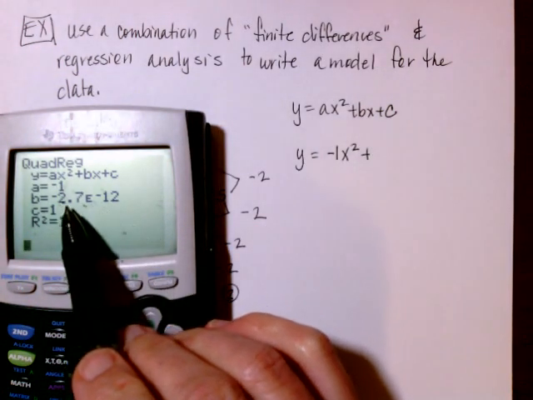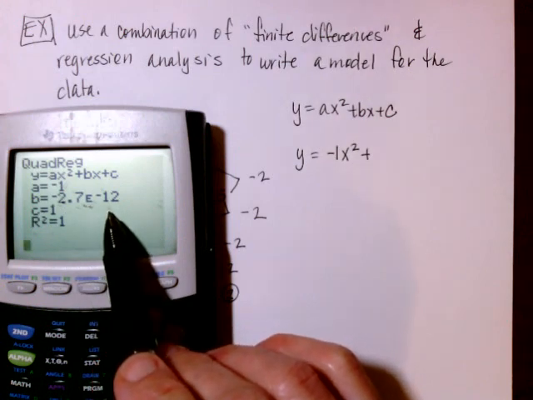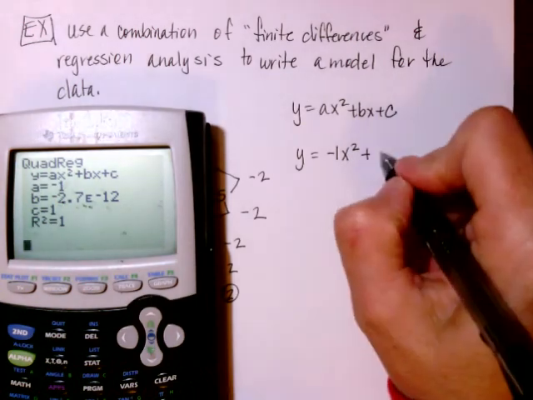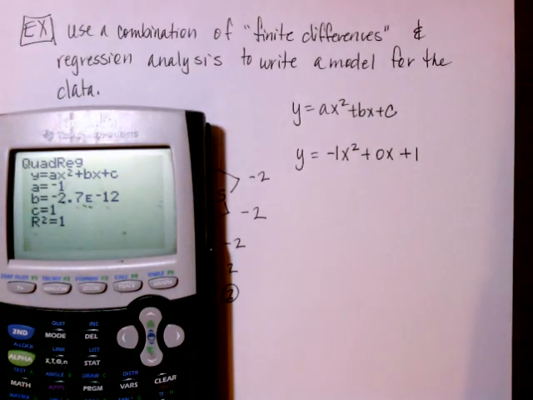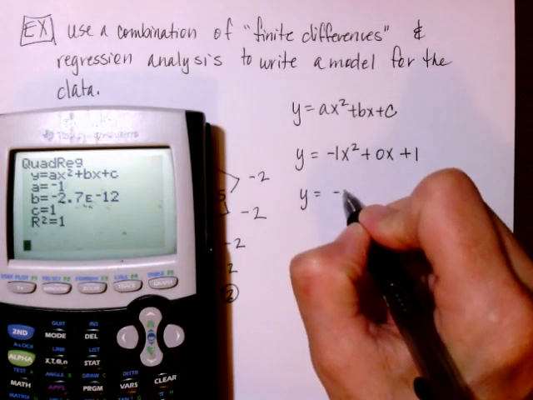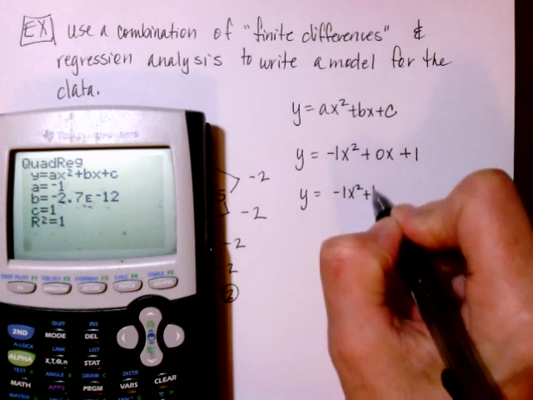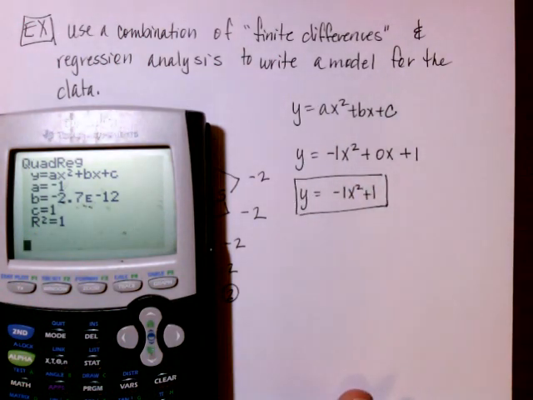This is a -2.7 times 10 to the -12, which basically means that's 0. So I'm going to write 0x and then plus 1. Okay? Alrighty, so then if I simplify that equation, I get a -1 x squared plus 1 because the b term went away. And there's my model.